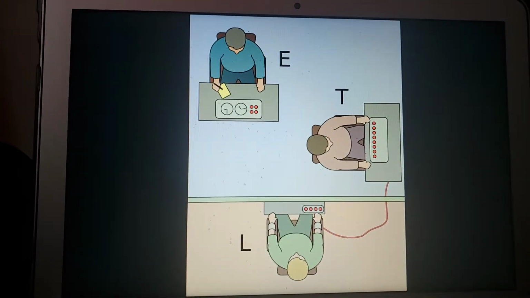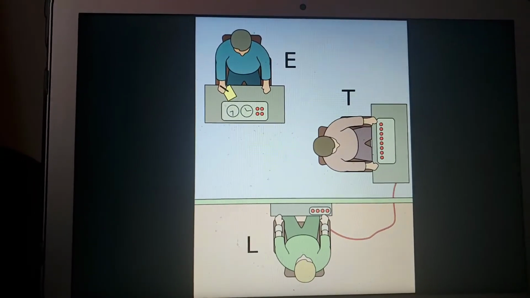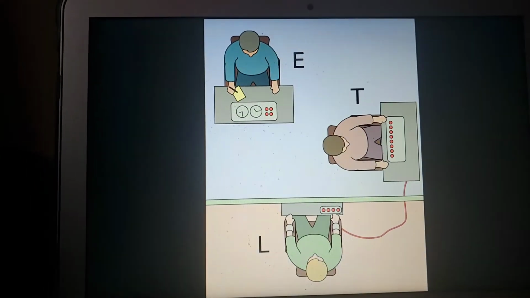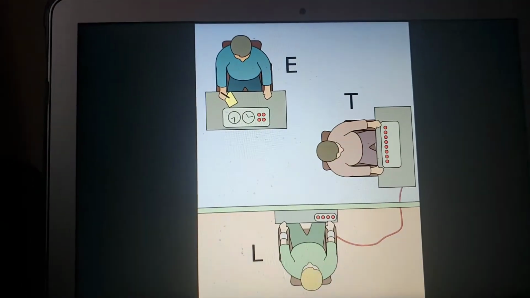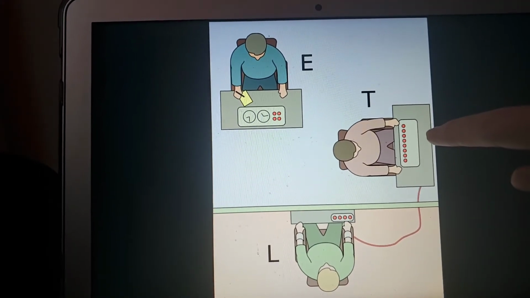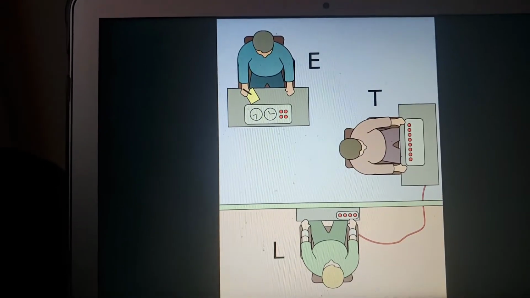Now, he's sending volts of electricity to letter L, or at least he thinks he is. So it'll go like this. Letter E will tell T to ask a question. So he'll say something like, what's 2 plus 2?